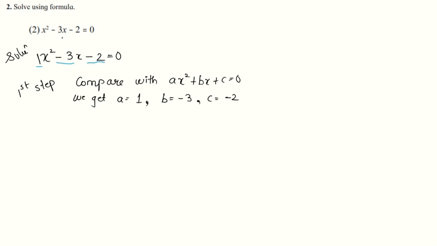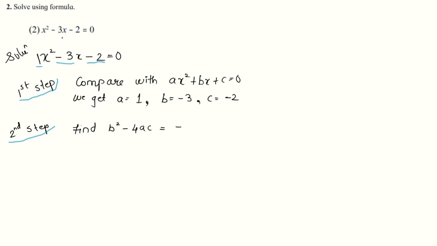Okay. So the second step is, I will just highlight these steps, find b square minus 4ac is equal to, what is b?